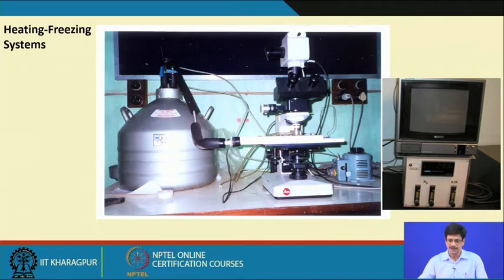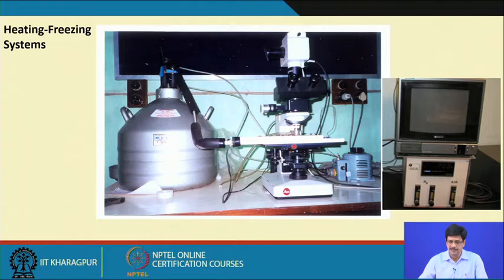These systems need to be calibrated with available standards. Synthetic fluid inclusion standards are available these days, which can be pure water or pure carbon dioxide, or inclusions trapped at different pressure temperature conditions.